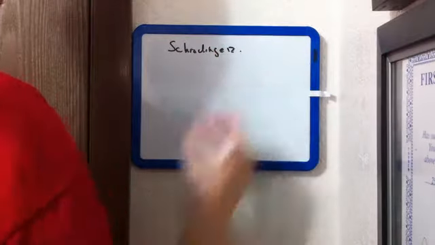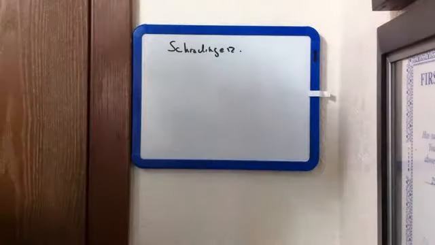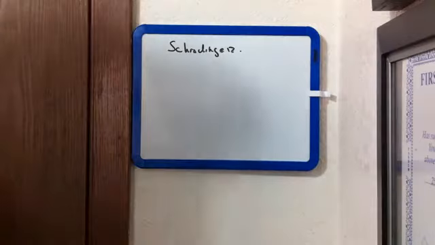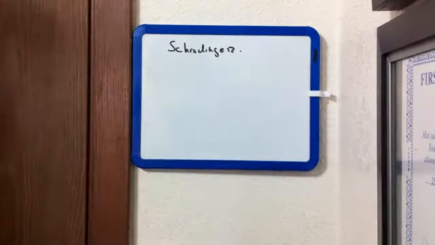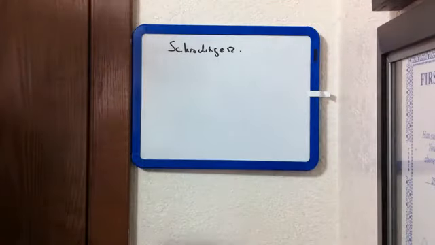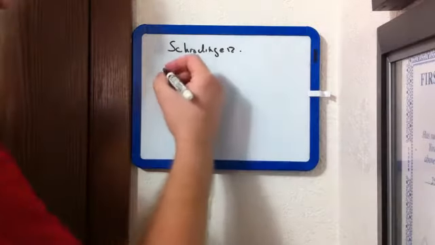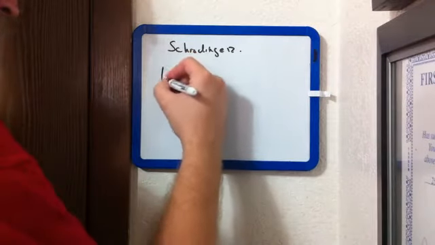The Schrodinger equation. And really, when we talk about chemistry, we're talking about what we call the time-independent Schrodinger equation. And in its simplest, or its most reduced form, it looks something like this.